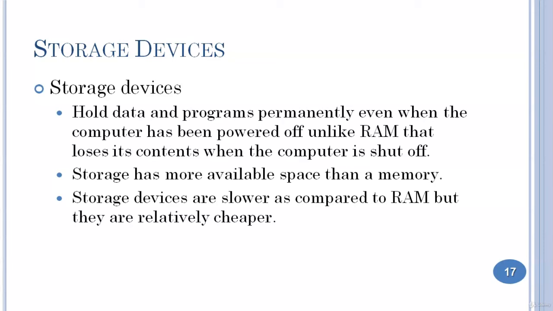Storage has more available space than memory. You may think of storage devices as a file cabinet. Just as you have more space in a file cabinet than a tabletop, that's why storage devices have more available space than memory devices.